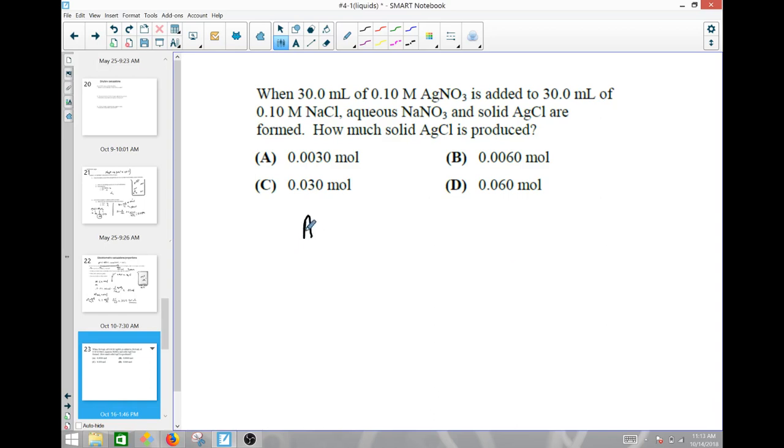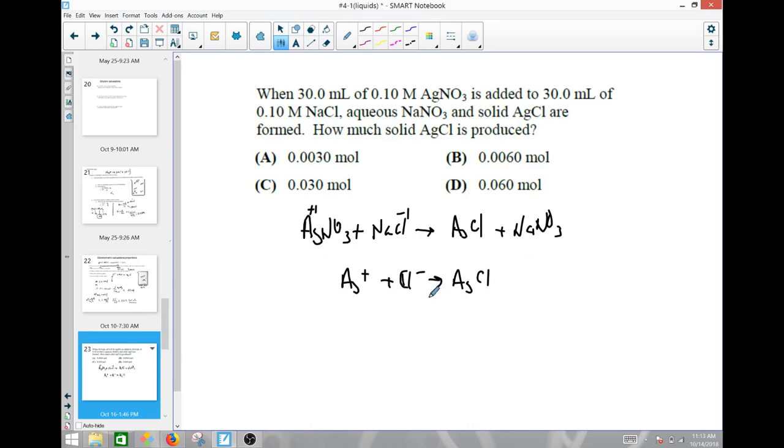AgNO3 plus NaCl yields AgCl plus NaNO3. And someone else might say, right to the chart, it's plus 1, minus 1, so it's going to be Ag plus Cl minus yields AgCl.